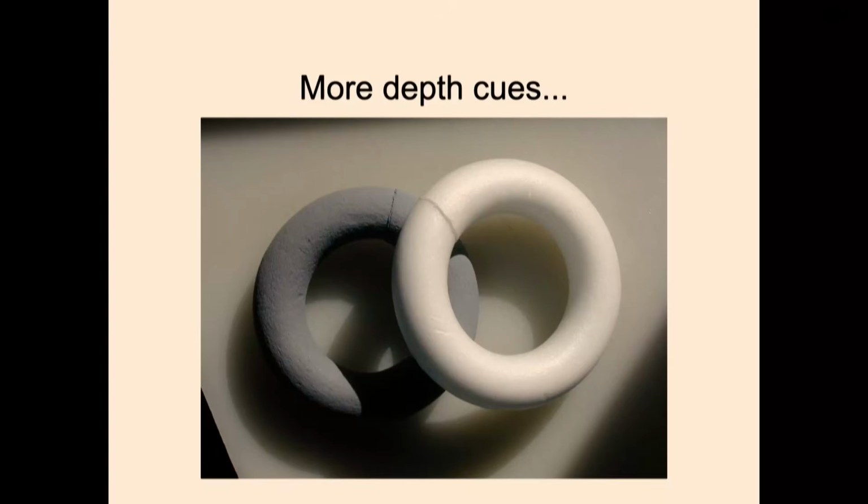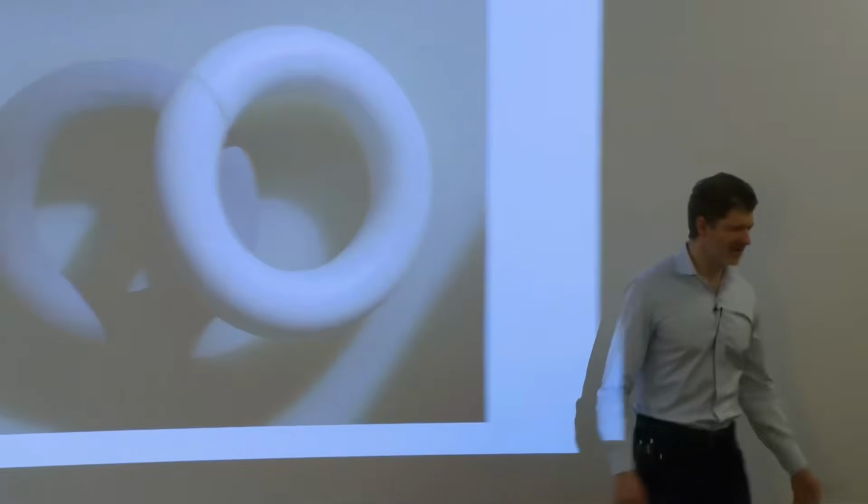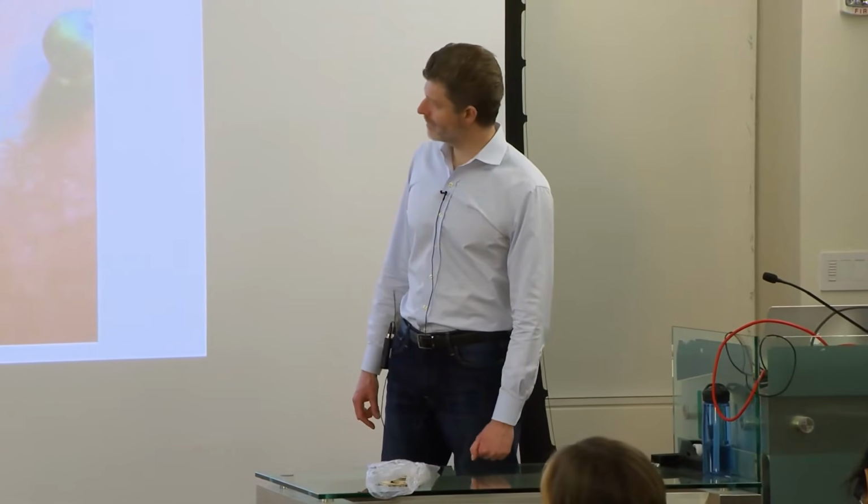And then there's also occlusion, so the fact that this object looks like it's going under that one. We didn't really talk a whole lot about that. What are some depth cues here? Yeah.